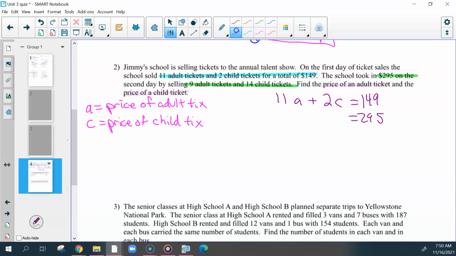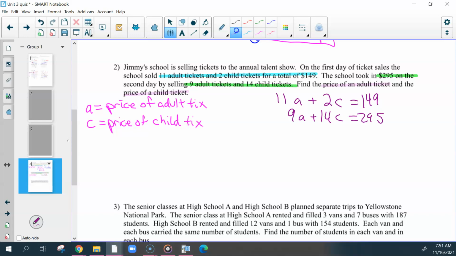And then the same thing for the 295, 9A plus 14C. Many of you solved this by elimination, but in various ways. Some of you got rid of A first. Some of you got rid of C first. Some of you just multiplied this first one by 7 so that they both equal 14.